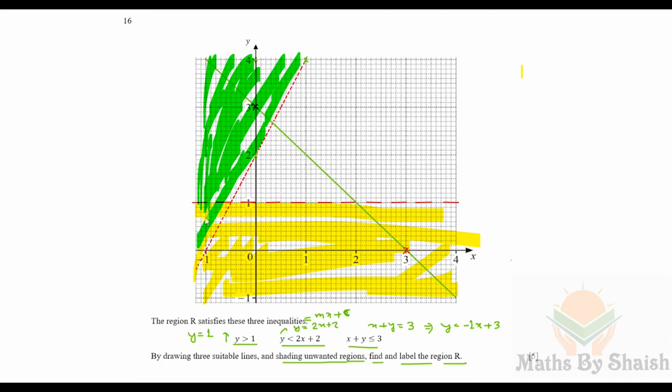The last one is x plus y less than or equal to 3, or we can see here the inequality less than or equal to 3, means going down, y is less than 3, but the unwanted region would be up, so I'll shade that portion also. So it would be this portion.